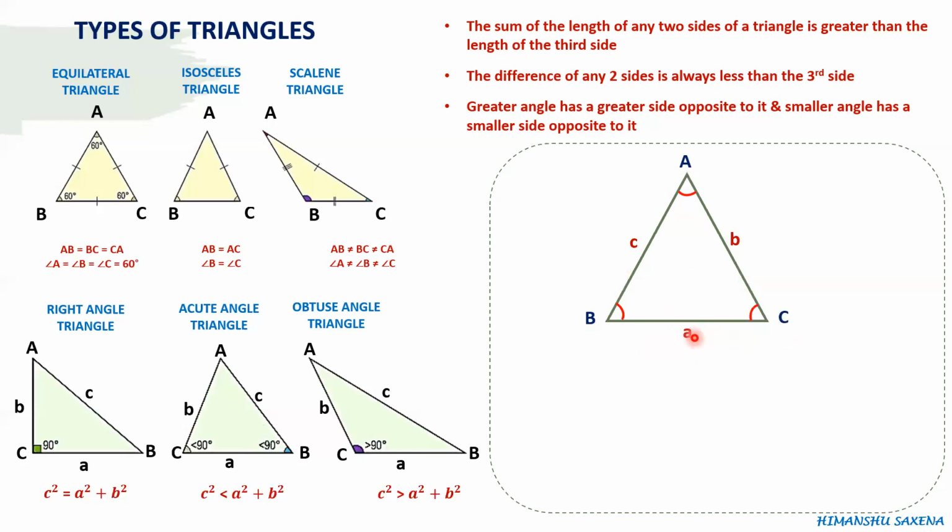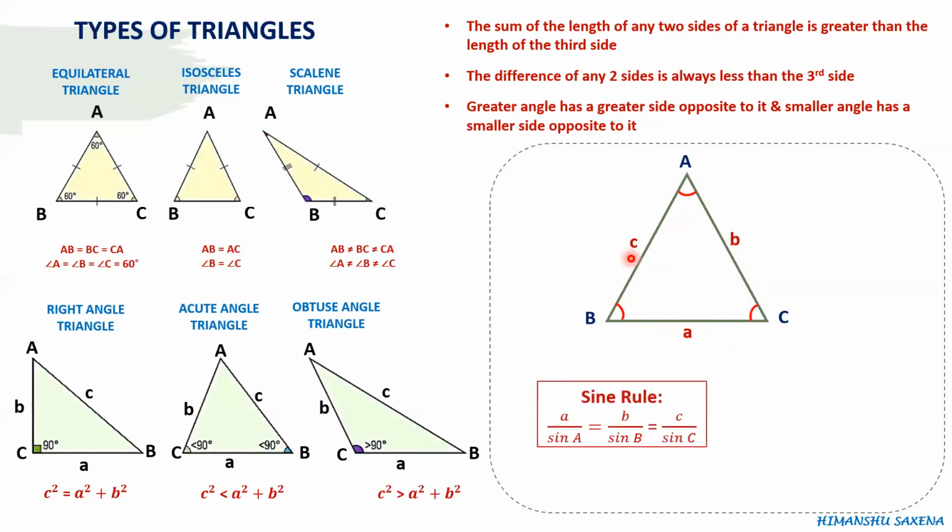Small a, the length of side BC, is opposite to angle A. Similarly, the side opposite to angle B has a length of small b, and the side opposite to angle C has a length of small c.